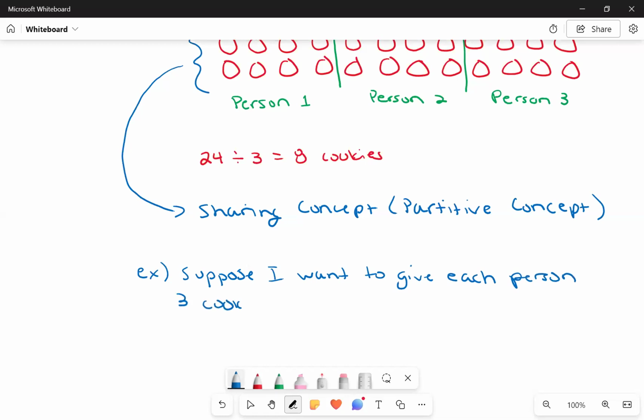And this is of the 24 I've baked, until the 24 cookies are gone. So I'm just mentioning the initial amount of cookies. How many people would I give cookies to?